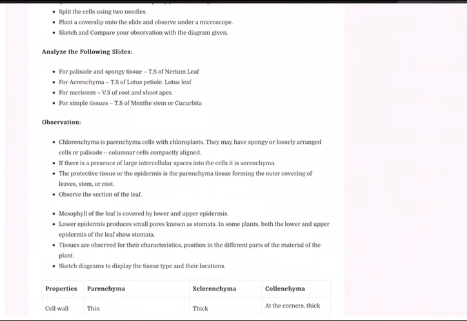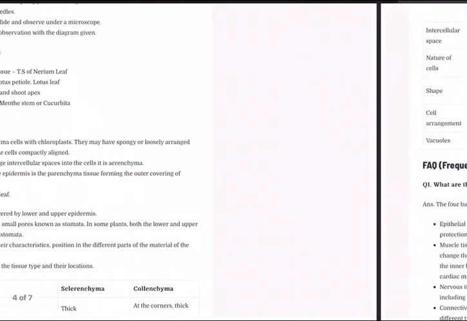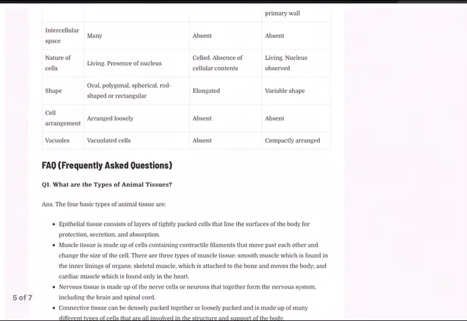Now put the observation in tabular form. Like properties, cell wall: in parenchyma, the cell wall will be thin. In sclerenchyma, it is very thick. In collenchyma, it is thick at the corners. Then intercellular spaces: many in parenchyma, absent in collenchyma and sclerenchyma. Nature of the cells: they are living with the presence of a nucleus. In sclerenchyma, they are dead, with absence of cellular contents.